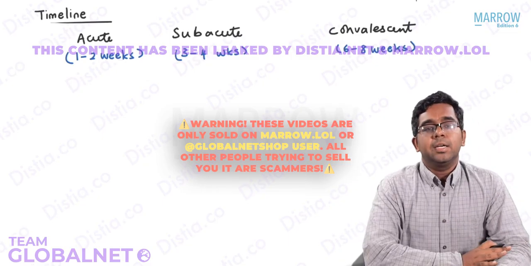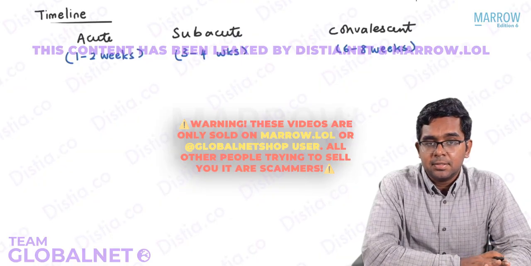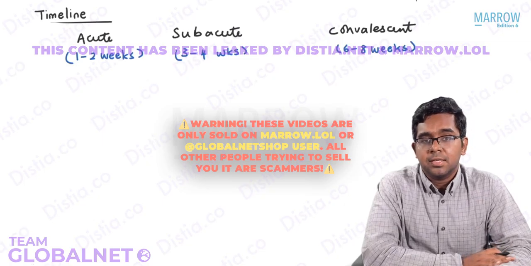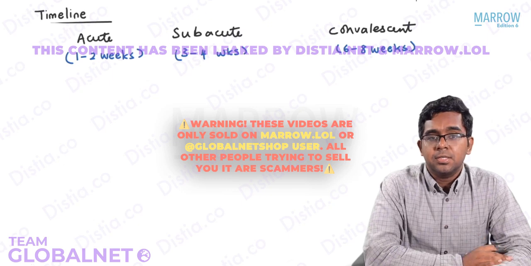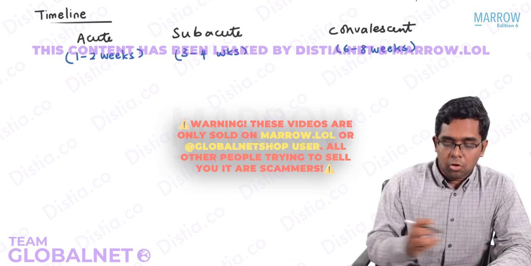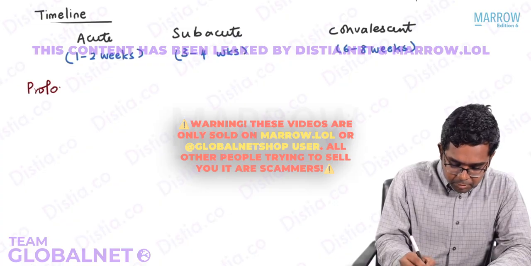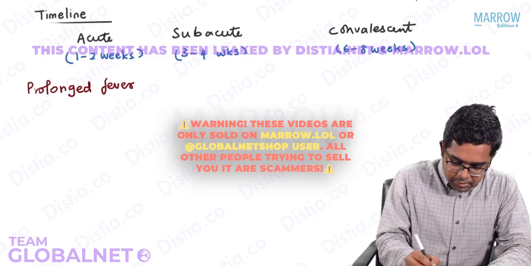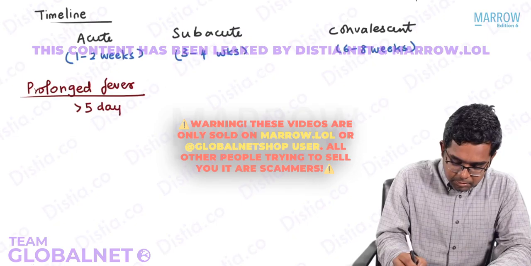Right. Now, it is very important to diagnose Kawasaki disease at the earliest, and that is why you should know how to make a diagnosis of Kawasaki disease in the acute stage of illness itself. In the acute stage of illness, the characteristic feature of Kawasaki disease is prolonged fever. Very important. This is the most important feature of Kawasaki disease, which is prolonged fever of more than 5 days duration.